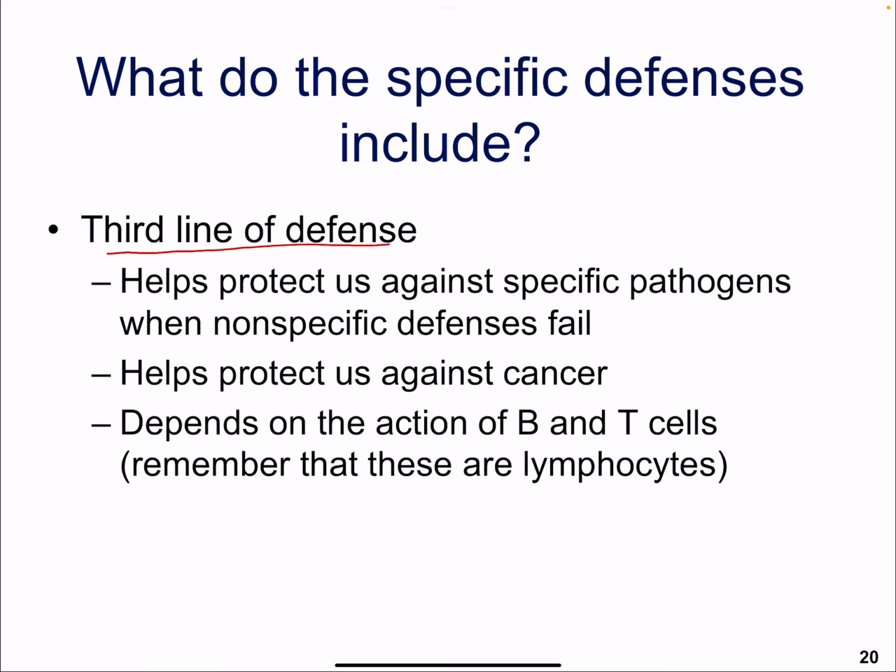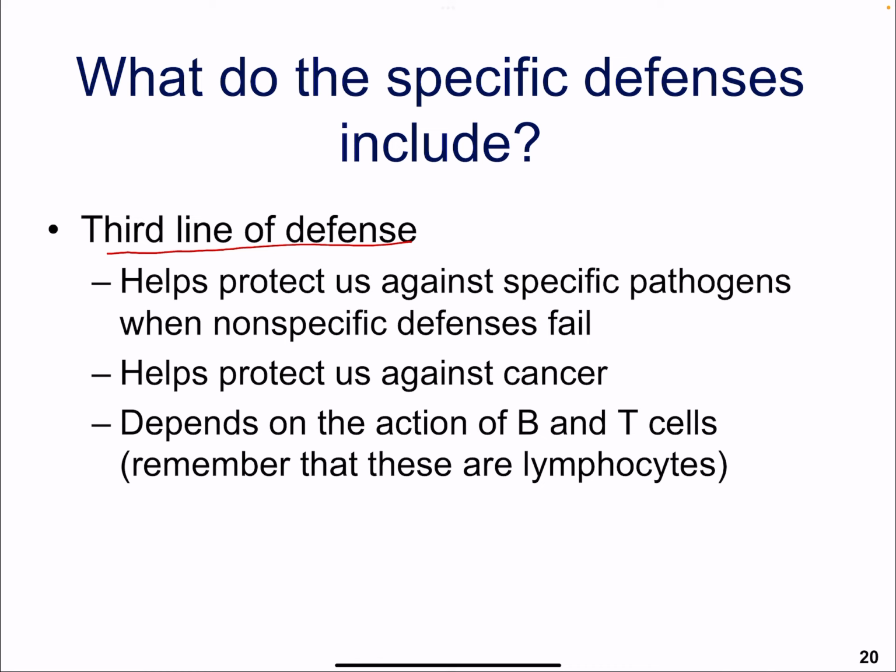The third line of defense is going to help protect against pathogens that we already know of, right? We already came in contact with these pathogens, and now we are developing very specific tools against these pathogens, right?